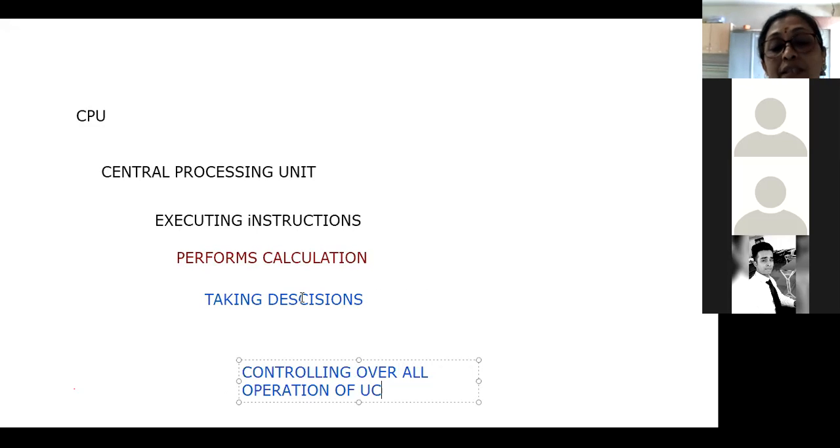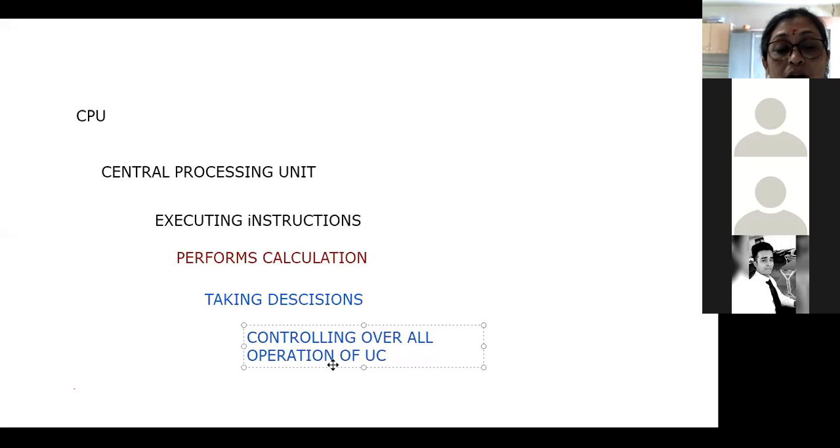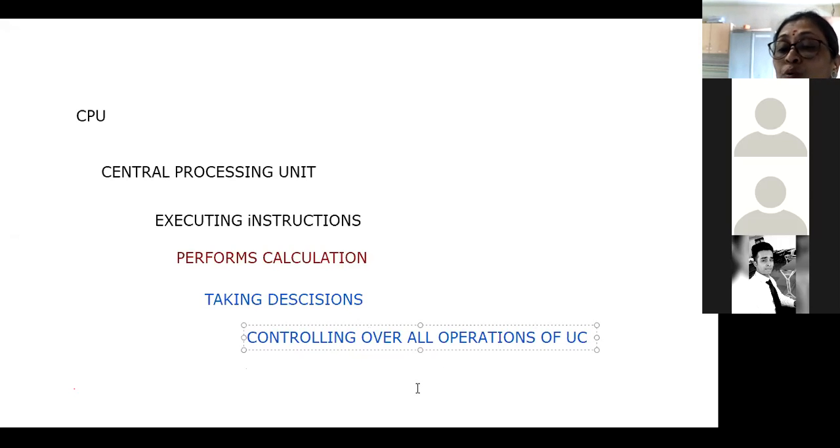MCU means microcontroller. So controlling the overall operations. There is not just one operation, there are many operations. Providing control signals, providing data signals, controlling the bus interface unit, controlling each and every unit of the microcontroller. It is done by the CPU.